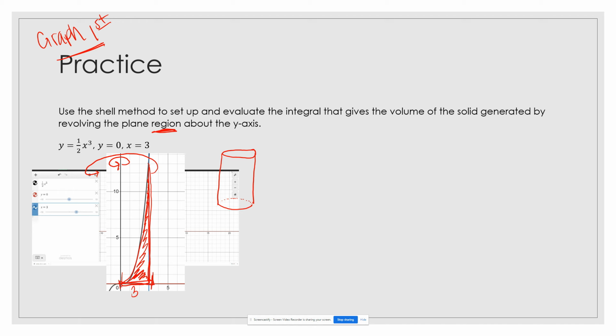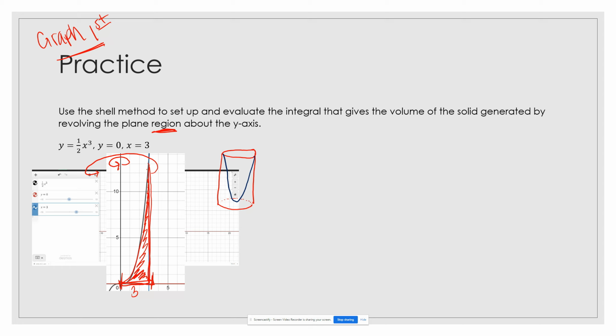So it's always going to be 3 away from the axis of revolution. And now I need to spin this one around. Let me try changing colors just so that it's easier to see. So now when I spin that one around, that's going to make like this hollowed out bowl here. So our shape is going to look something like that.